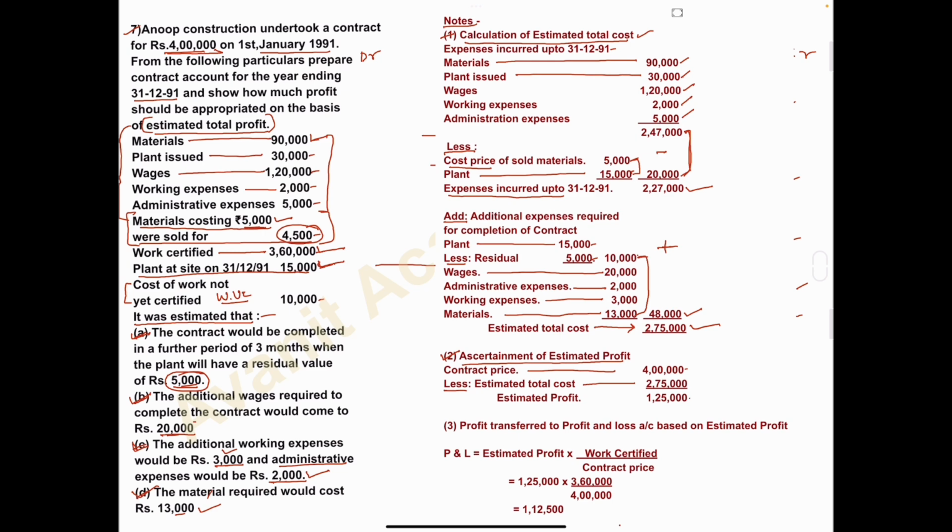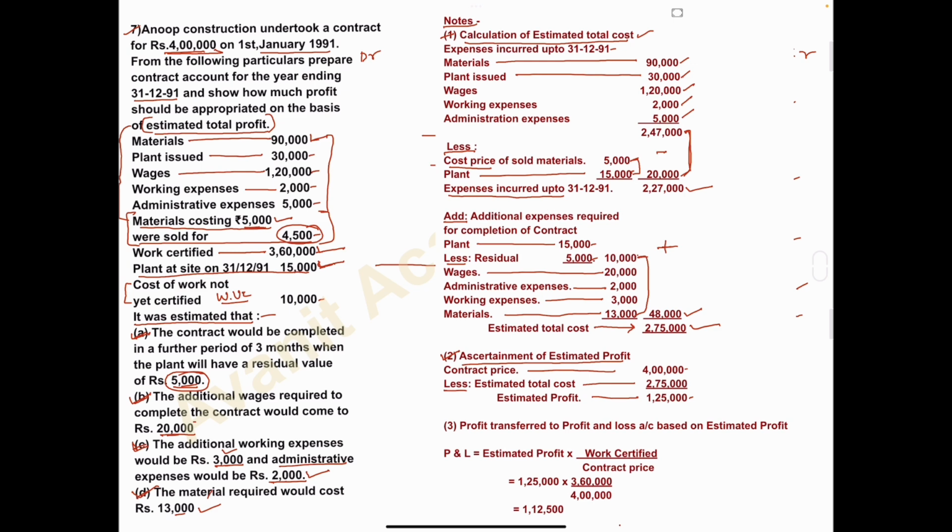You will get 1,25,000. This is estimated profit. Okay. From contract price, you have to minus estimated total cost and you will get the estimated profit. So we have got estimated profit.